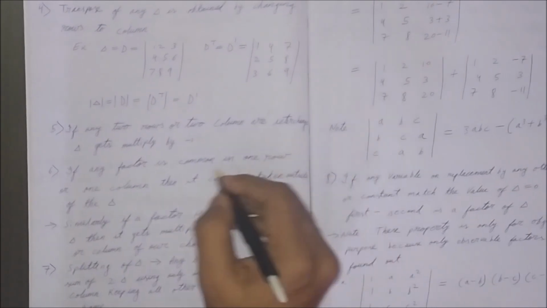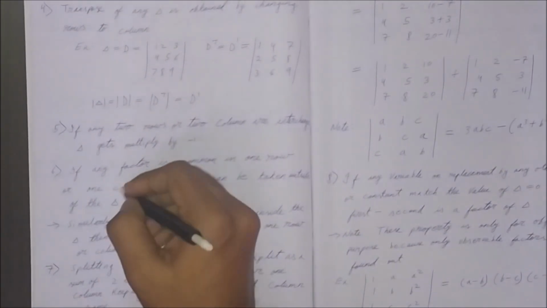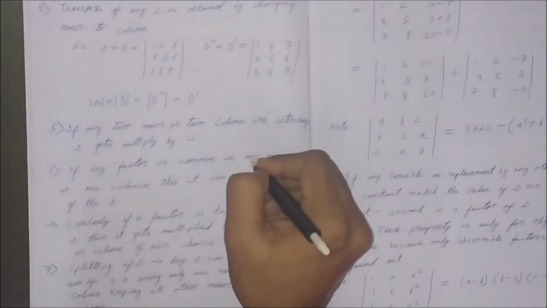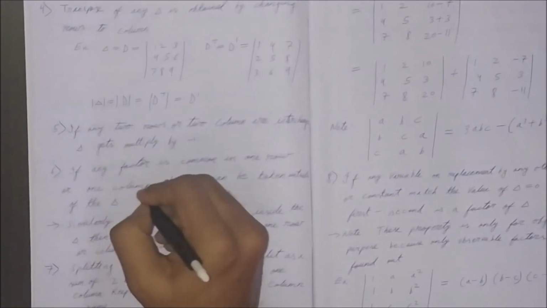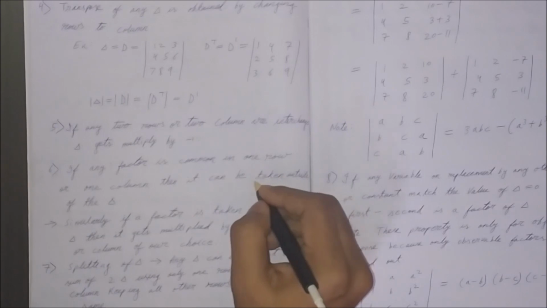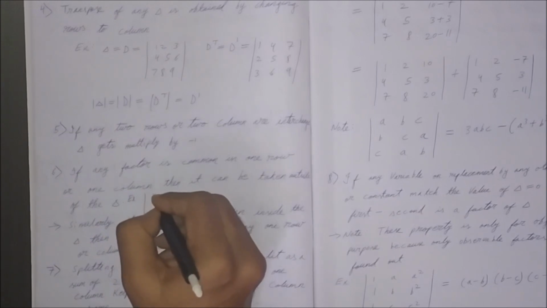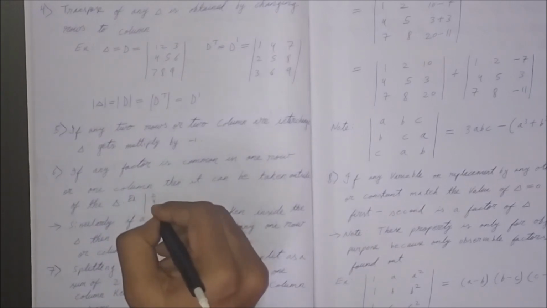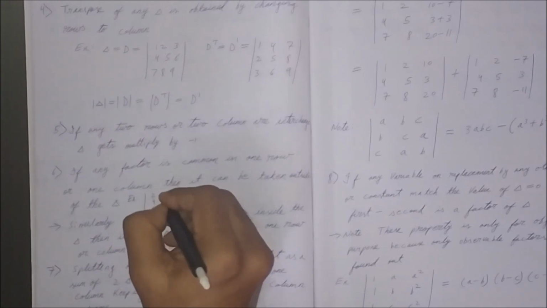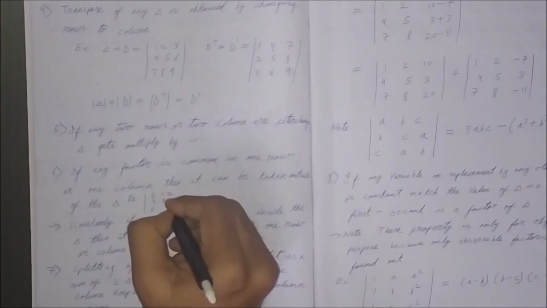Now the sixth property: if any factor is common in one row or one column, then it can be taken outside the determinant. Example: 2, 4, 6, 1, 2, 3, 4, 5, 6.